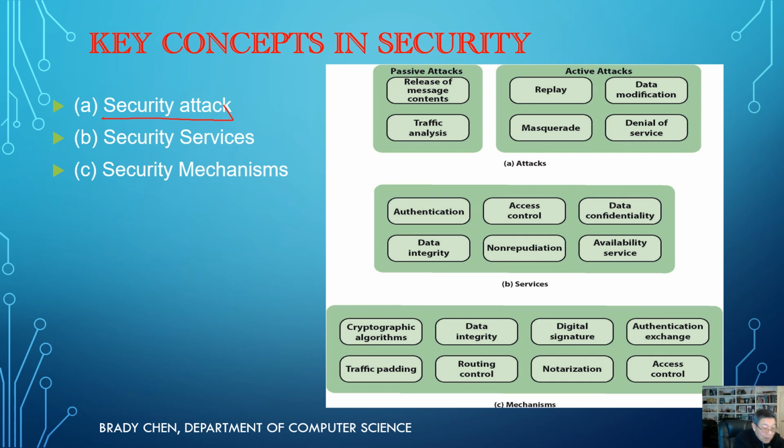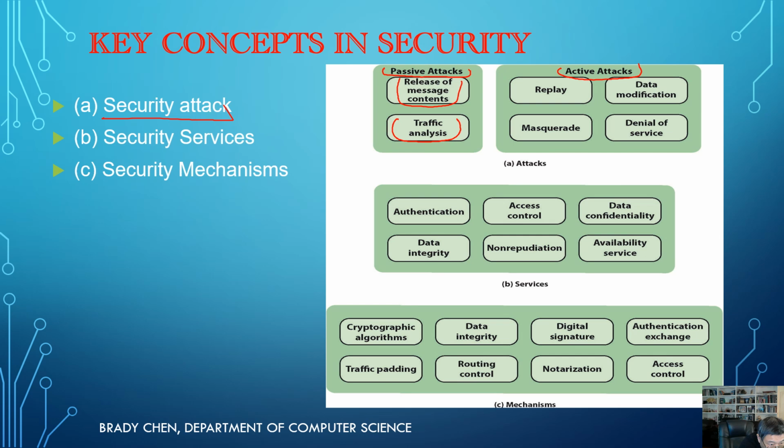Now here are some of the examples of the passive attack. One of the examples is the release of message contents, but does not change the contents. And also, they monitor the traffic of your messages, okay. So they do traffic analysis. These two are examples of passive attacks.